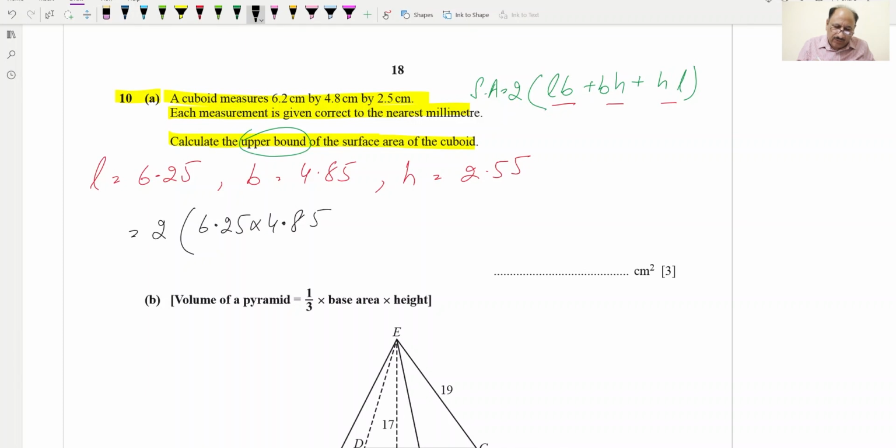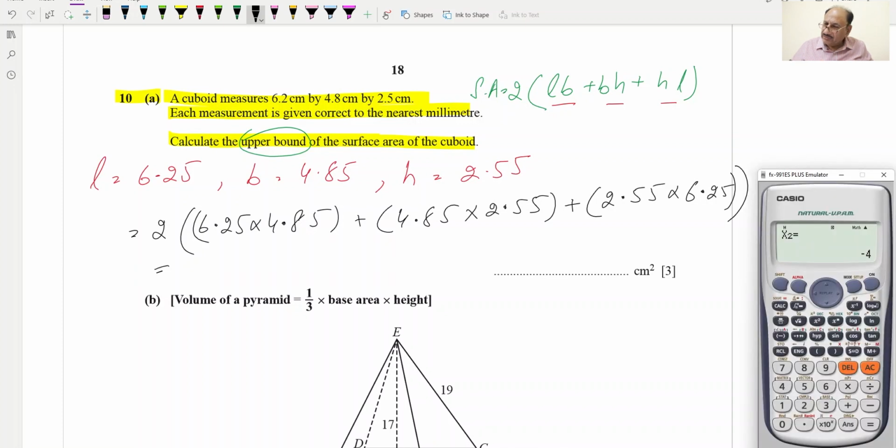So this one, and plus, we can put brackets, plus this will be B into H, so 4.85 into 2.55, and bracket close, plus then H into L, so 2.55 into 6.25, and this will provide us the final answer. This was a 3-mark question, very easy, straightforward. If you apply this formula, it will be very convenient for you to solve.